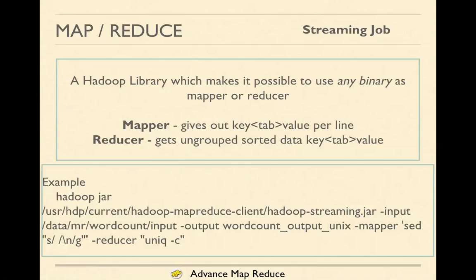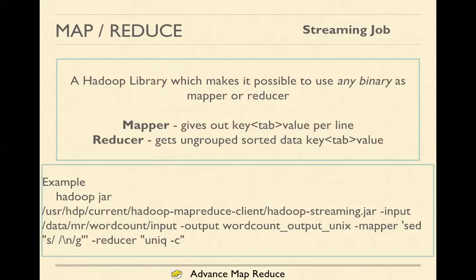such that your mapper should accept the data from standard input, just like a pipe, just like the way a Unix command accepts input from standard input. In a similar way, if your program can accept data on standard input, then it can be used as a mapper.